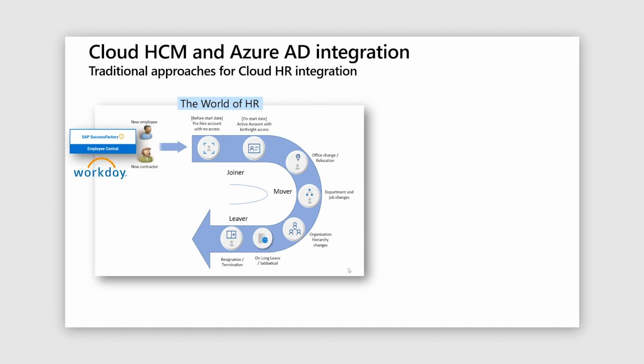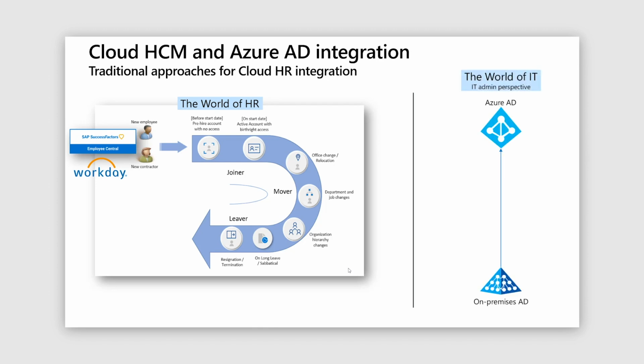When a new person is joining as a pre-hire, or when a user gets activated, when there are changes or relocations, either at an org level or at a department level. And finally, there are people who are going on leave, long leave, sabbatical, submitting resignation, and terminations. And how this impacts an IT person.